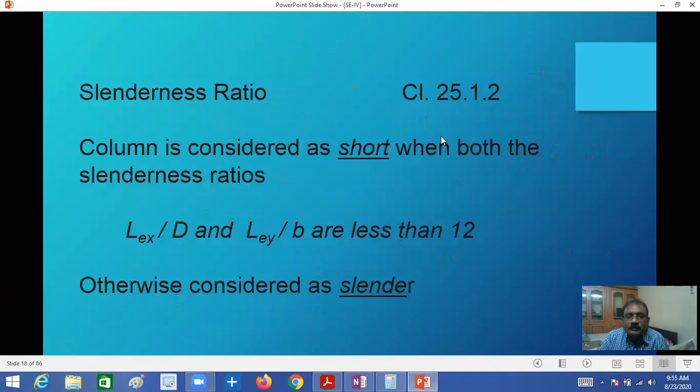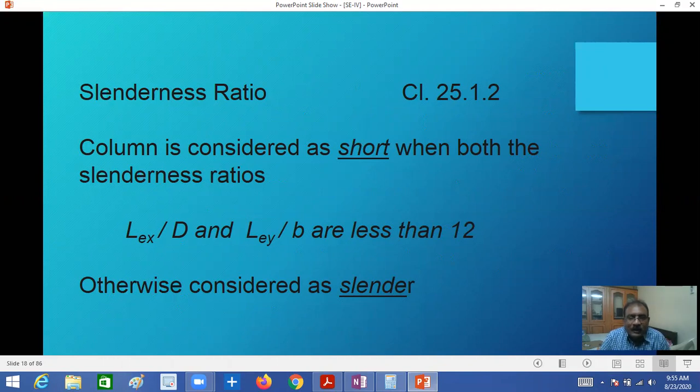So here, if you see slenderness ratio, when do you say it is a long column or short column? It's a good question. If you look at the slenderness ratio, you can find what is a short column and what is a long column.